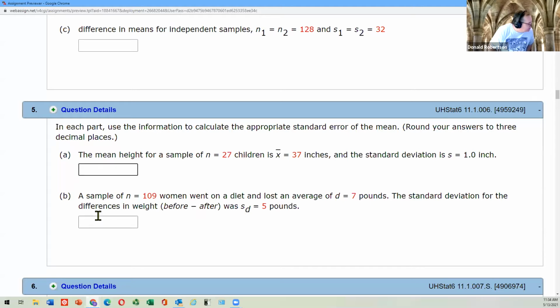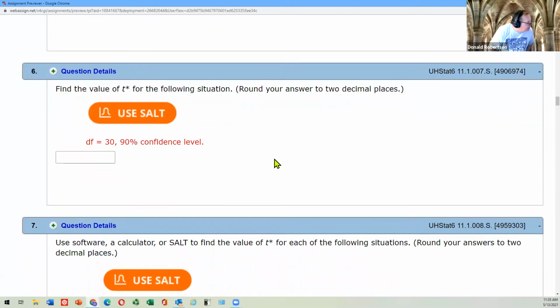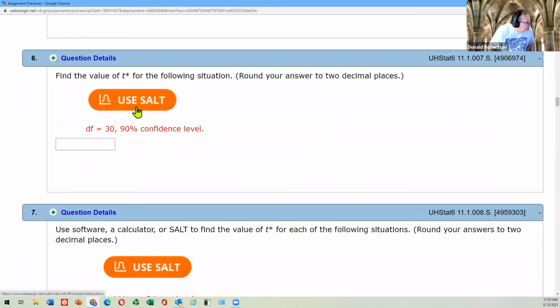Find the standard error, that's calculation. Do you know I've got a table? The one that's on your Canvas site, use that one. Here, just find the number and write it down.